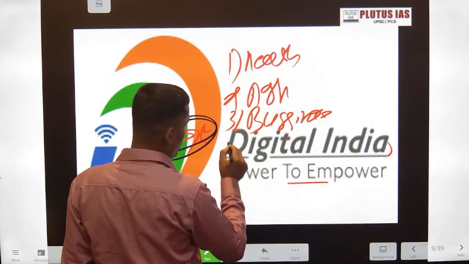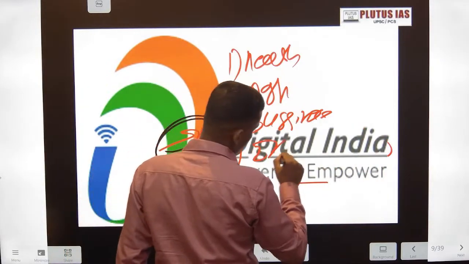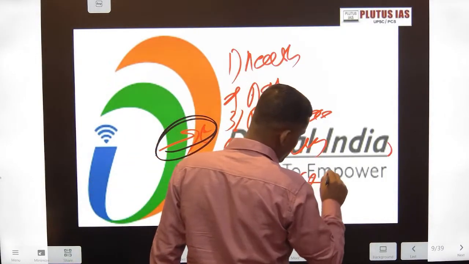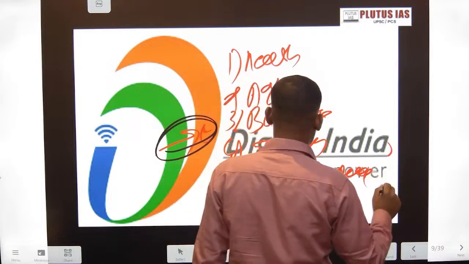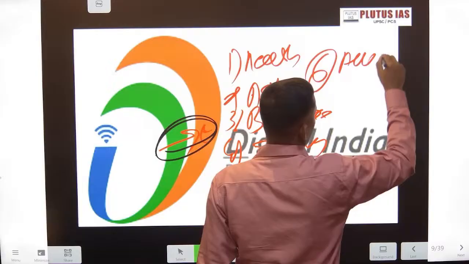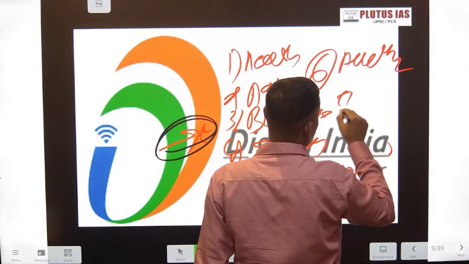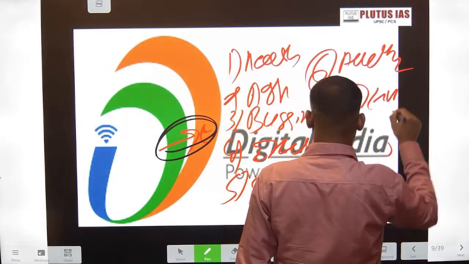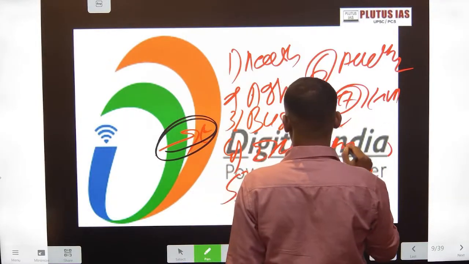Do mention this because of social justice. How social justice? Accessible India campaign. Then effective delivery, Aadhaar. Effective delivery to the farmers, particularly e-NAM, and here also you can mention PM Kisan and e-NAM.